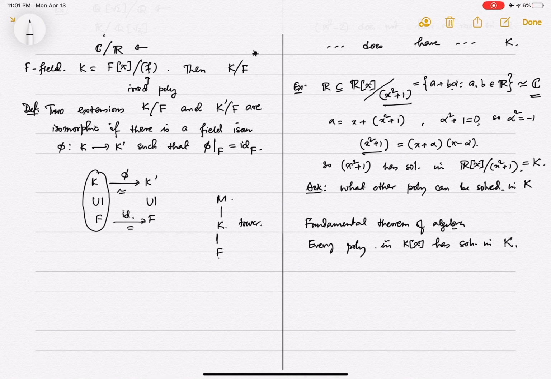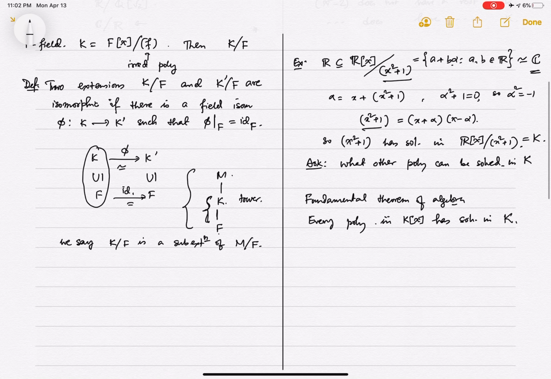Okay. And we say K over F is a sub-extension of the bigger extension. You have one big extension and here is a sub-extension. Okay, that's just some language.